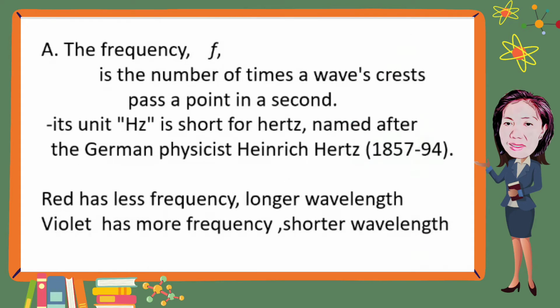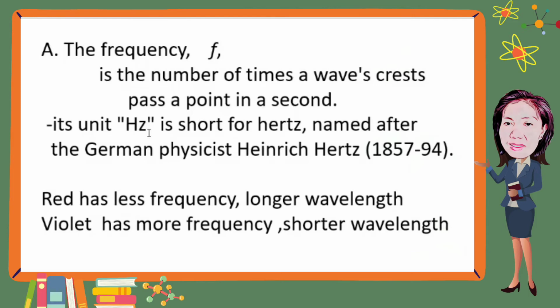Okay. So, since light is a wave, so meron siyang frequency and wavelength. Okay. So, these are actually the characteristics of light. So, one is the frequency. The symbol for frequency is F. This is the number of times waves crest pass a point in a second.